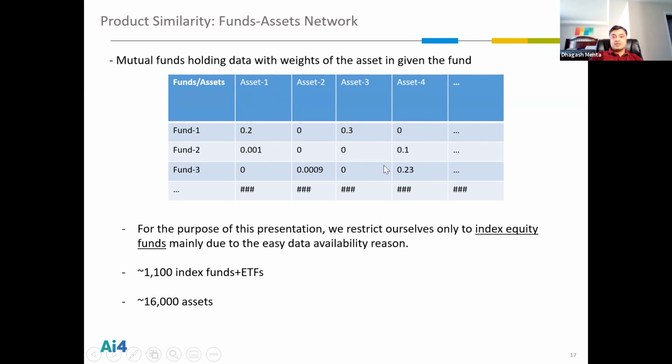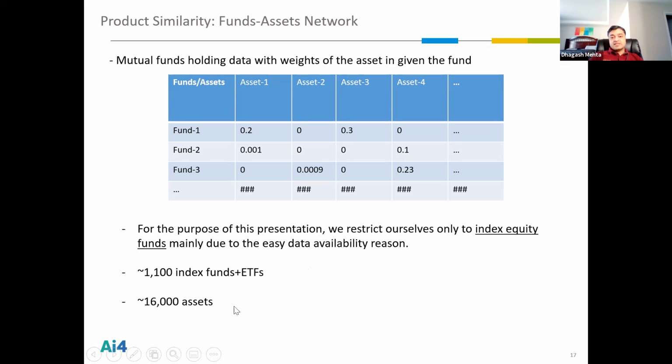So that's all this data tells us. Let's imagine you have this data for all the index equity funds and ETFs. Index funds, to make it cleaner, I didn't want to introduce bonds and many other complicated assets here. So just to keep it simpler, I just used equity index funds.